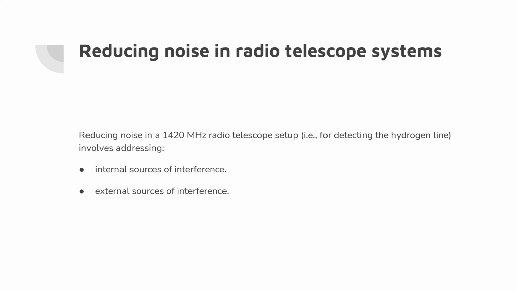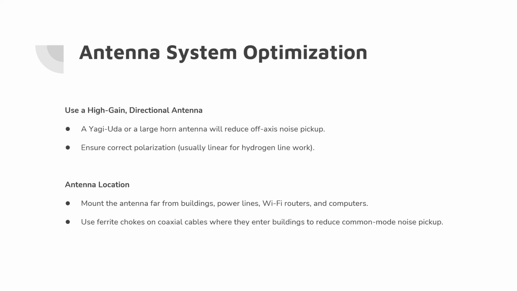So very briefly, ChatGPT suggested you were looking at internal and external sources of interference, trying to reduce those or the effect of those. Suggesting a high gain directional antenna. I'm not quite sure what it was alluding to, but Alex Pettit's antenna, of course, is a Yagi.